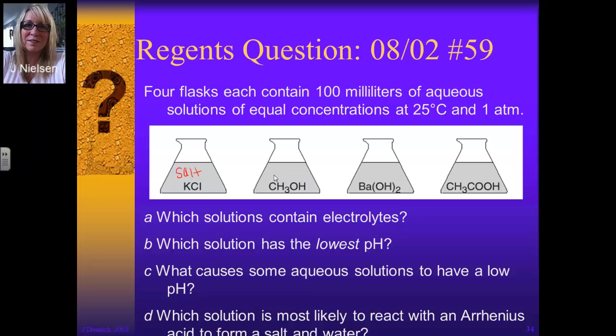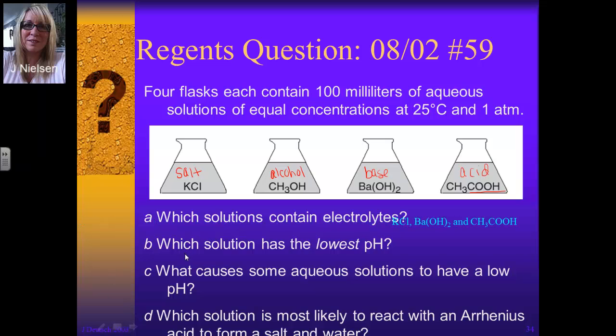We just have to know that it's not a base because it's not a metal and OH. This is a base. There's my metal and OH. And this is an acid, not because it starts with H, but because it ends in COOH, which is an organic acid. So, which contain electrolytes? Well, that would be KCl, Ba(OH)2, and CH3COOH, all three.